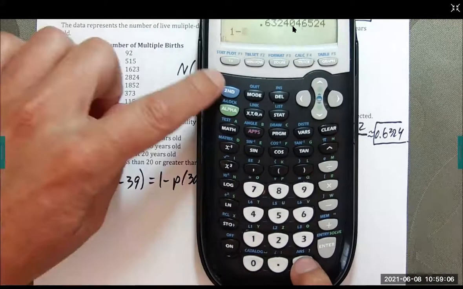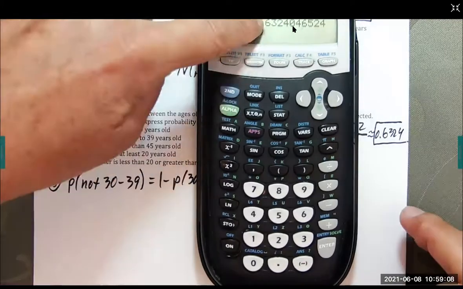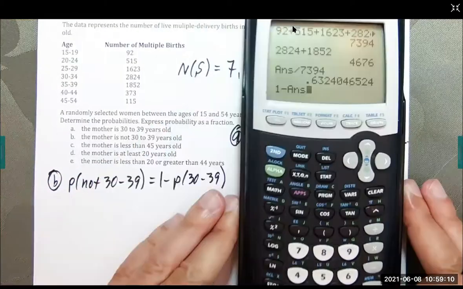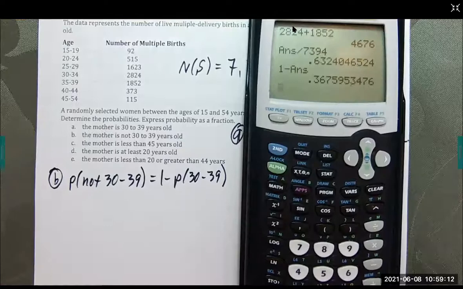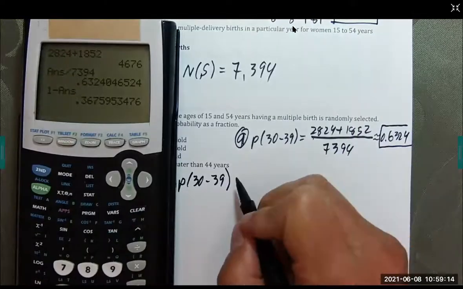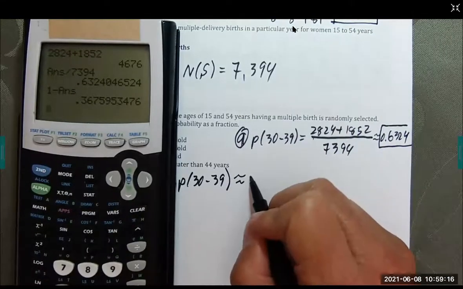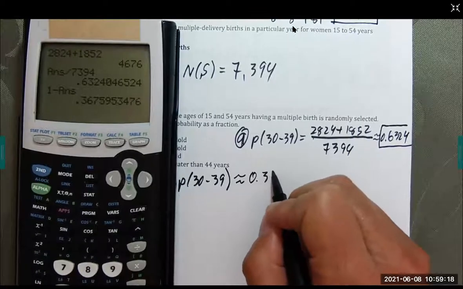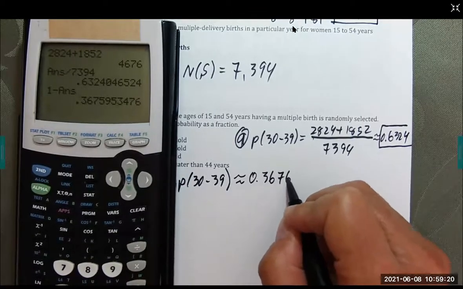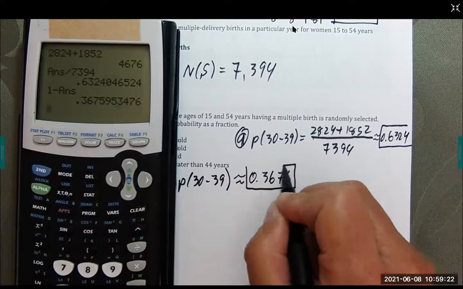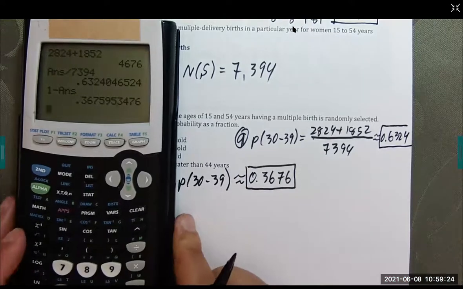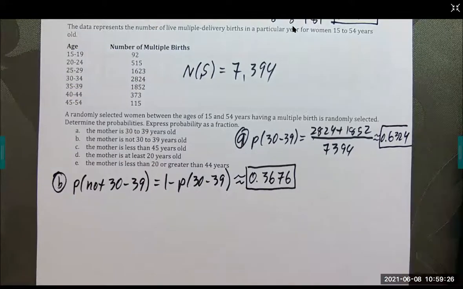So I'm going to hit second answer, and what that does is it brings in all those digits and allows me to use that number. So we're getting about 36, 37% of the women are not between the ages of 30 to 39 that had delivered multiple births.